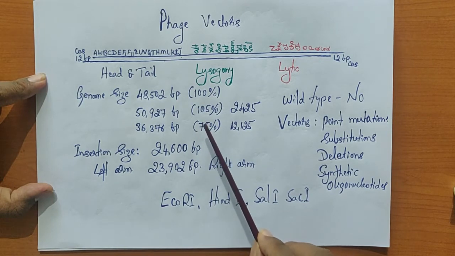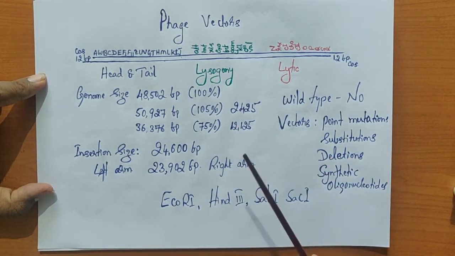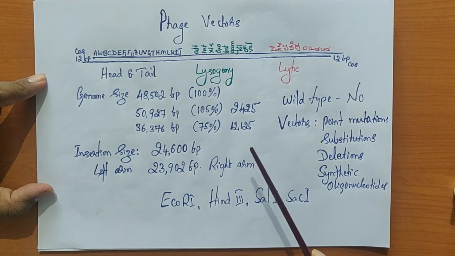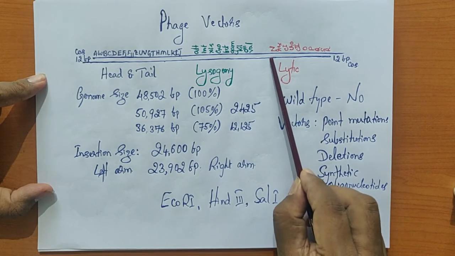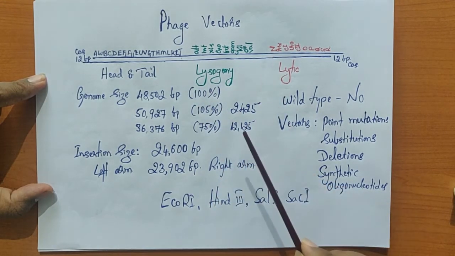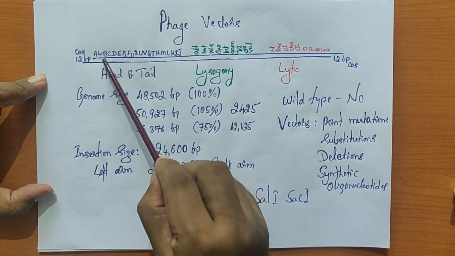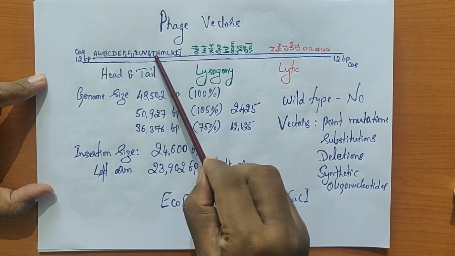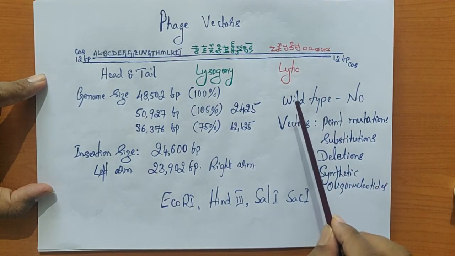they realized: why can't we remove these lysogeny regulatory elements? In other words, from J to N, because these particular DNA segments are not important. Apart from that, there are certain unwanted DNA segments in this region as well as in this particular region.